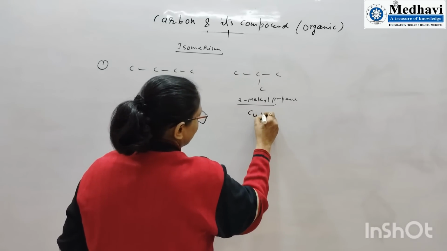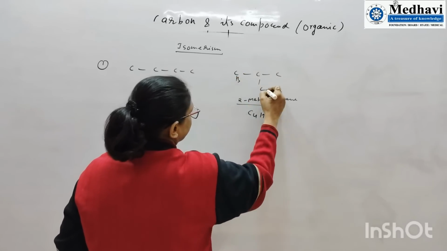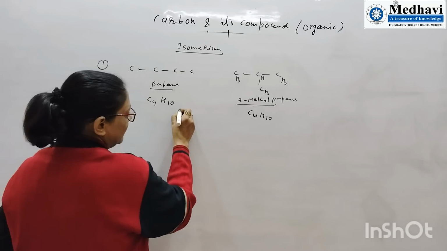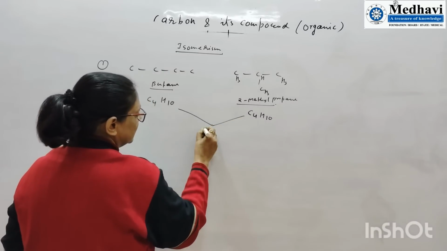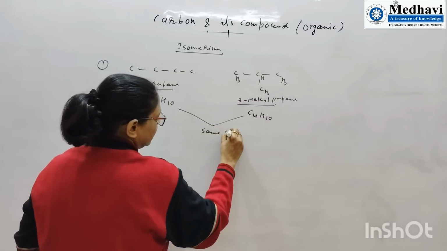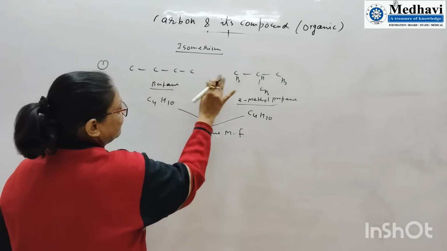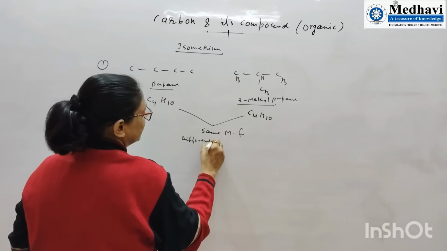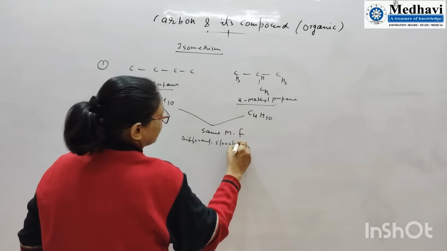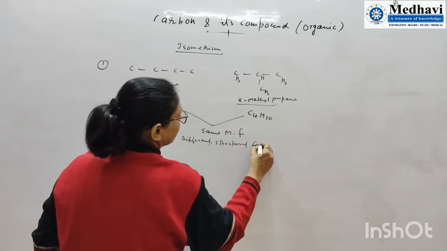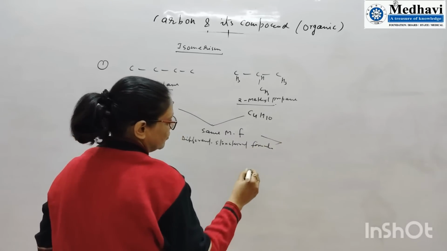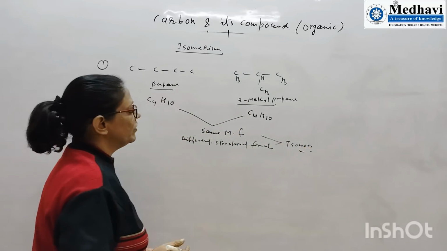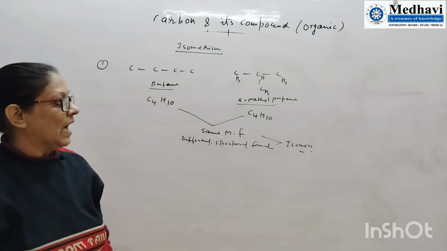It will also be C4H10. So they have the same molecular formula, but different structural formula. Such types of compounds are called isomers. So we can say that butane and 2-methylpropane are isomers.